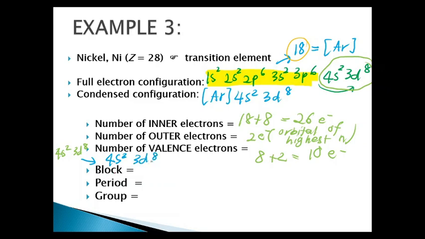For the block, refer to the last orbital, that would be block D. For the period, refer to the highest n, so nickel has period 4. For the group, you sum up the electrons in the valence orbitals, 8 plus 2 equals 10. So nickel is in group 10.